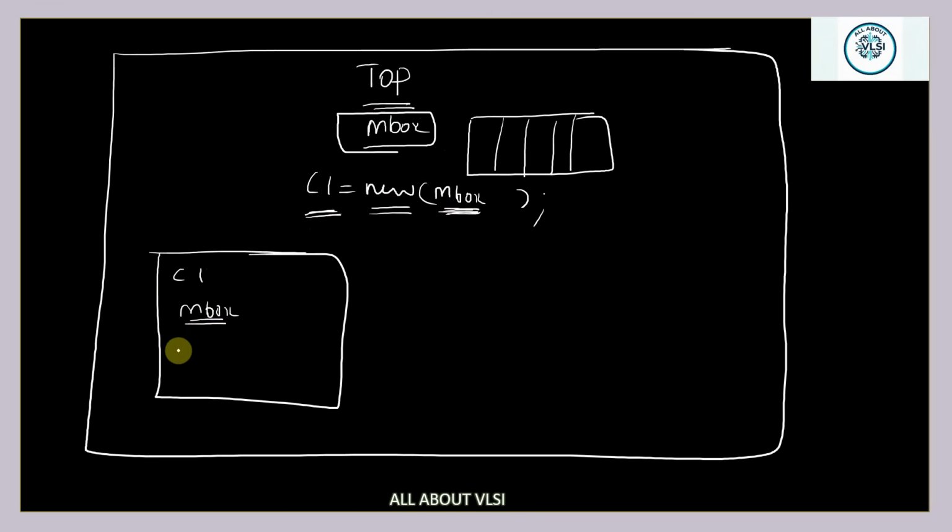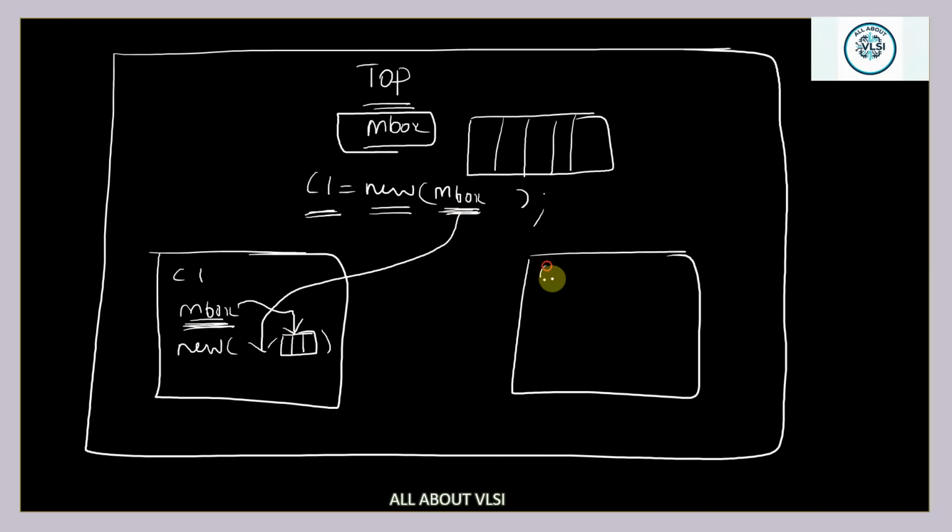Okay. So using the new method, we are passing the mailbox instance, and what happens now is the handle which we have created will be pointing towards this instance which was created in the top. And here also in the C2, we have a handle which is present, but not the instance.